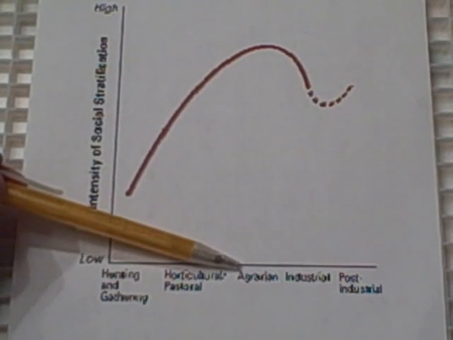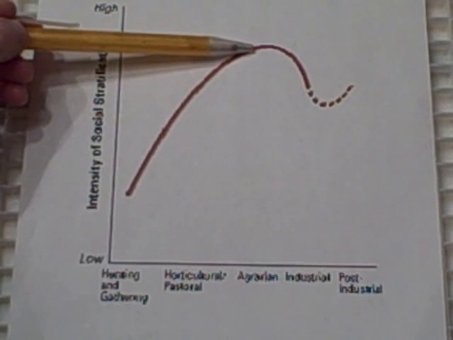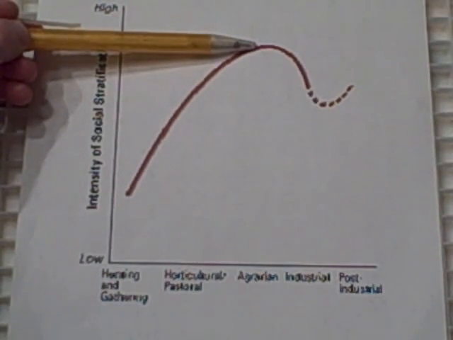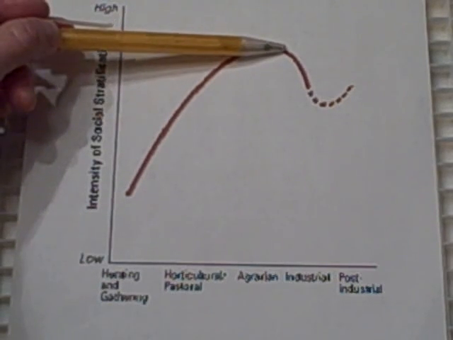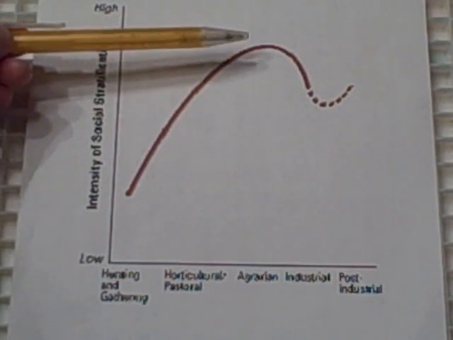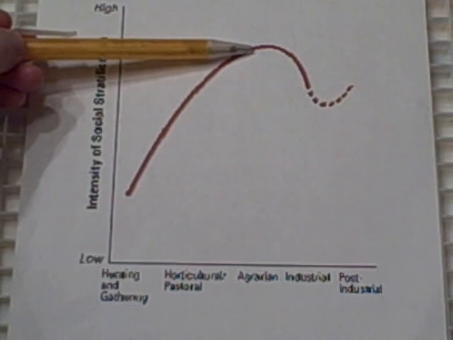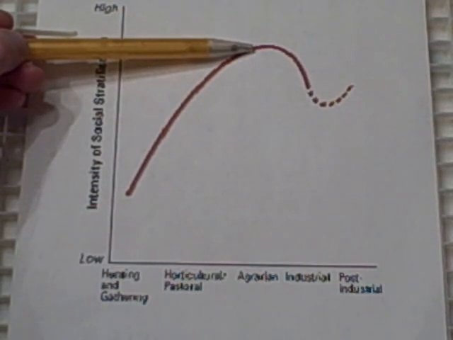As we move on to agrarian society, look what happens. Social stratification reaches its peak in this society and in the early industrial era. Remember, in agrarian society, this is where the society was almost caste-like in its way that people were not given the opportunity to achieve much wealth if they were at the bottom of the society.